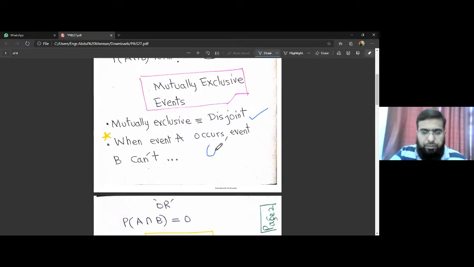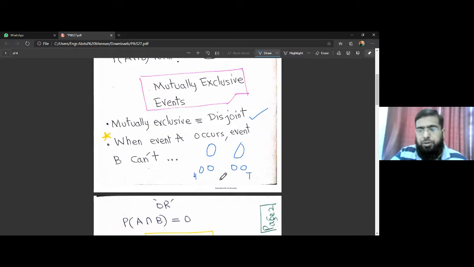For example, if we have one coin with head or tail, and another coin with head or tail, and we define one event to be a head on the first coin and the second event to be a tail on the second coin, these two events are not mutually exclusive.